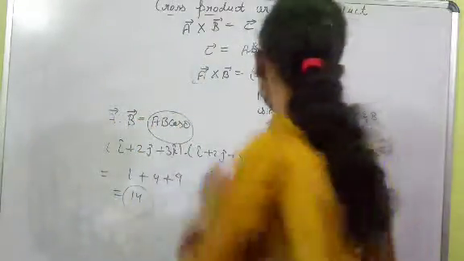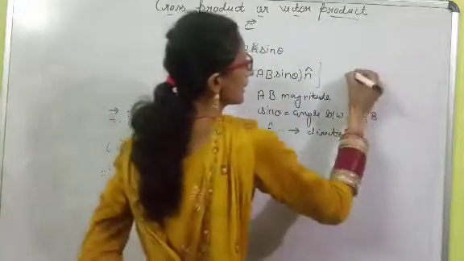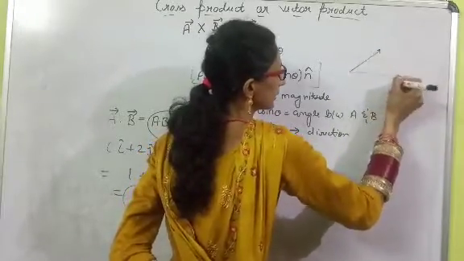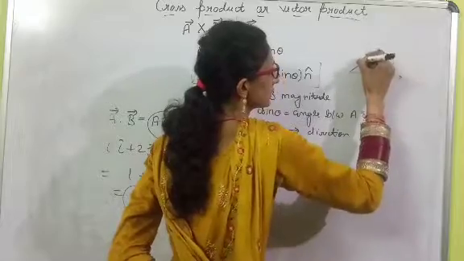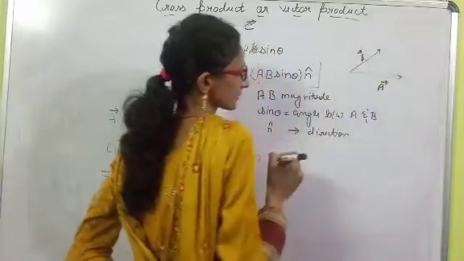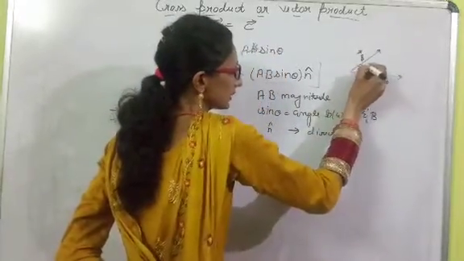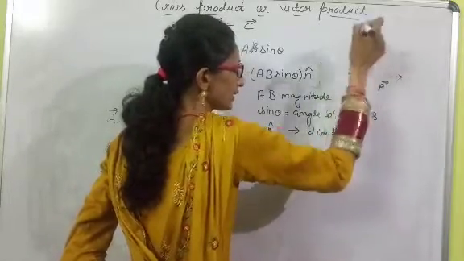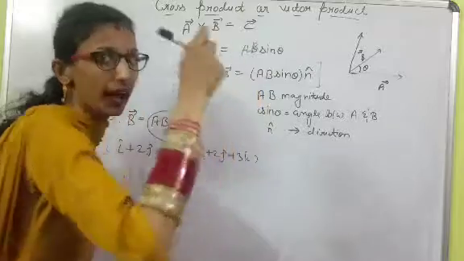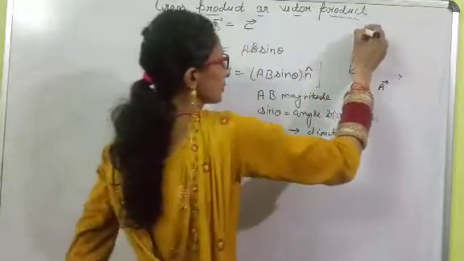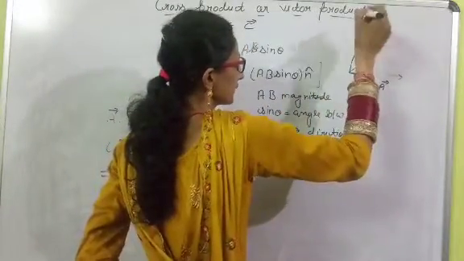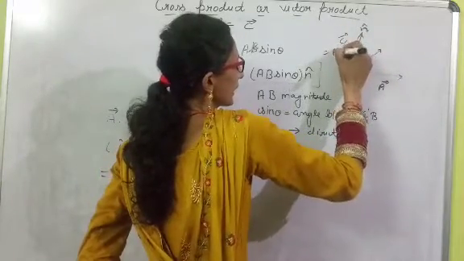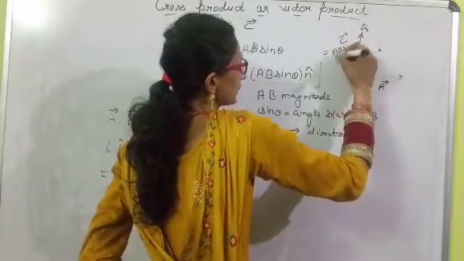Suppose we take two vectors, a vector and b vector, making an angle theta. The third vector is perpendicular to a and b, and has the value ab sin theta.